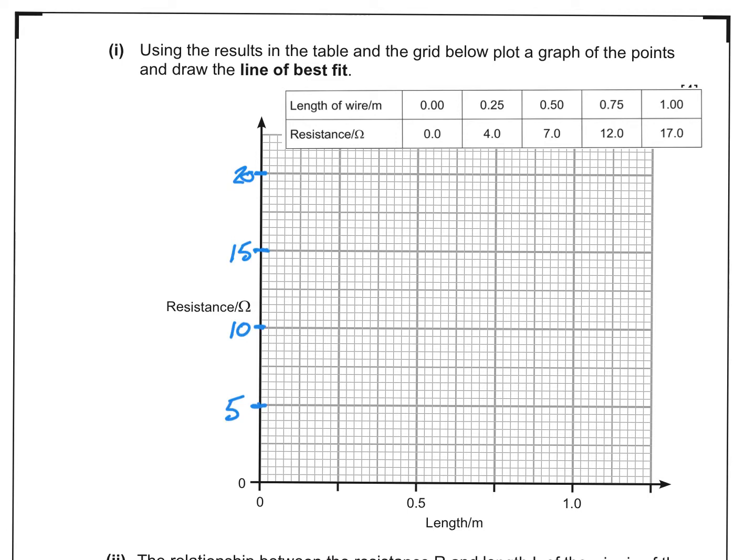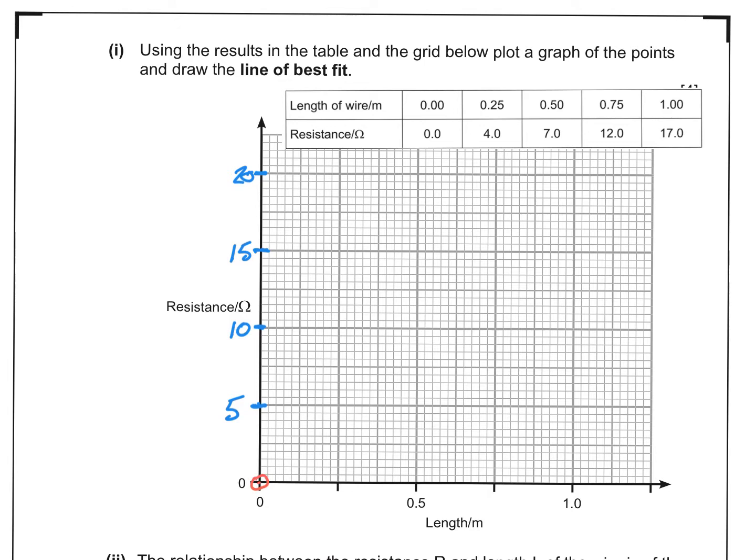The rule about picking a scale for a graph is that you need to get at least past the halfway mark, and we're going to be plotting 17 round about here, so that fulfils that criterion.